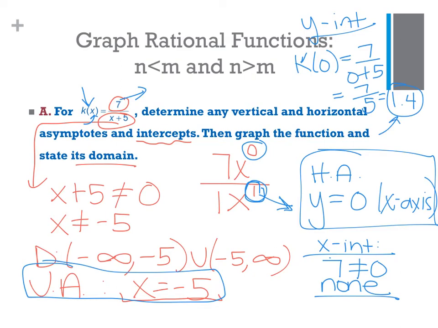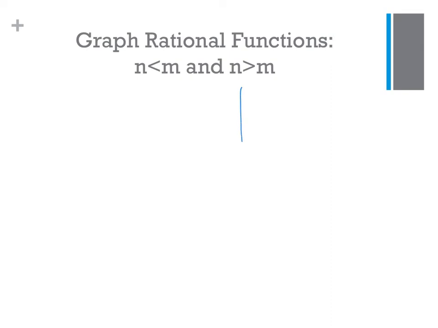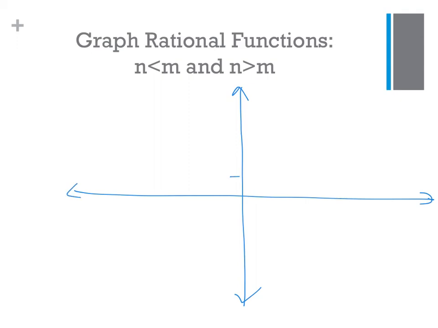So here's what I'm going to do. I'm going to go ahead and graph this function using all these key components, putting in our vertical asymptote, our horizontal asymptote, and then our y-intercept. Alright, so I'm going to sketch this graph. I know that this function has a y-intercept at positive 1.4, so I'm going to plot a dot on the y-axis at 1.4.